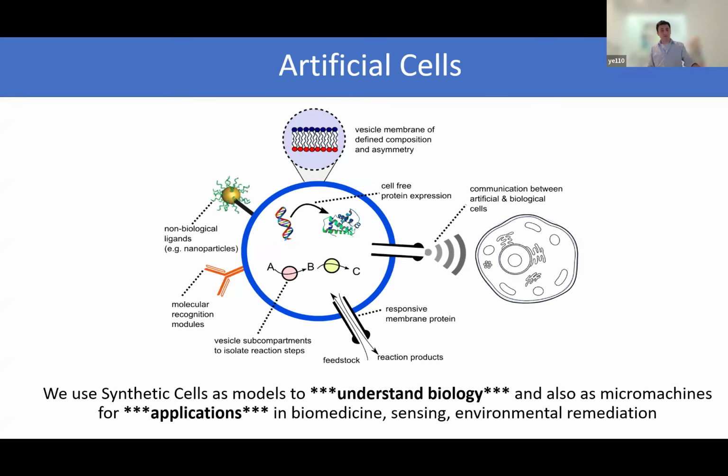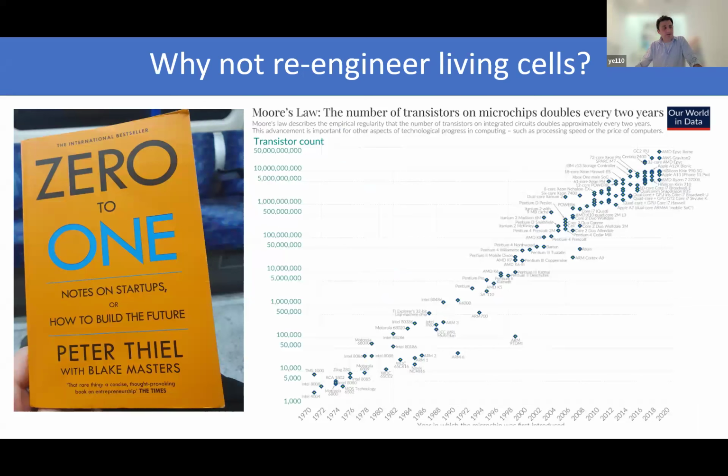I'd like to give one maybe slightly different take on why we think engineering synthetic cells is a useful thing to do. Very often, I meet people in bioengineering departments and life sciences departments, and they, for decades, have been engineering bacteria or yeast or mammalian cells and getting them to do things that they wouldn't normally do.